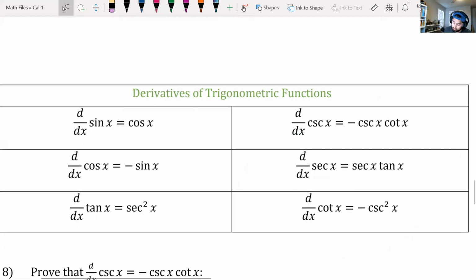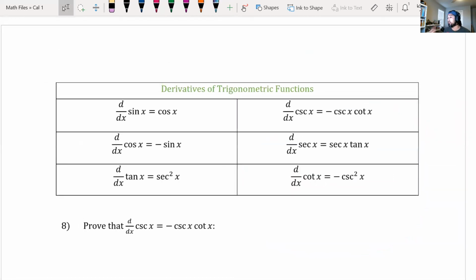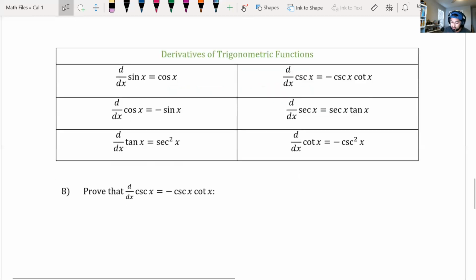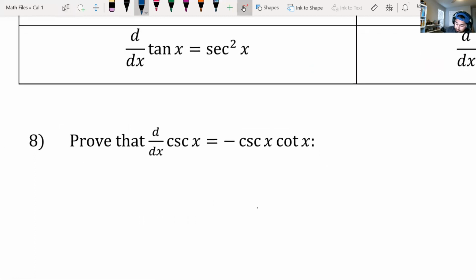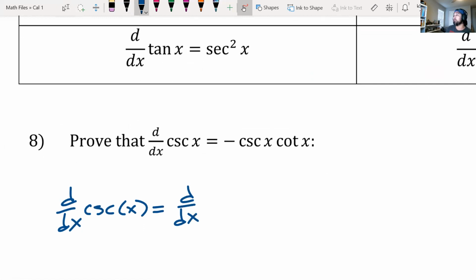Okay, so what we're going to do next is just prove the derivative of cosecant. We want to prove that the derivative of cosecant is equal to negative cosecant x cotangent x. This is going to be somewhat like the tangent one we just did. I'm going to start by writing d over dx of the cosecant of x. In order to take this derivative, what is another way to rewrite cosecant? 1 over sine.